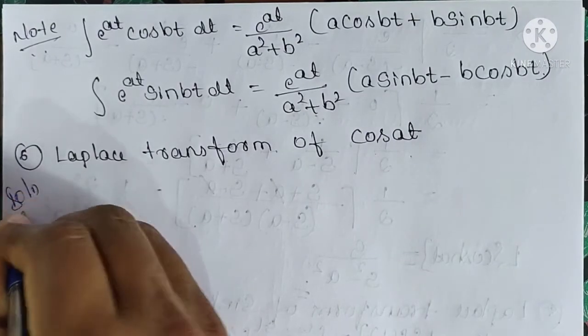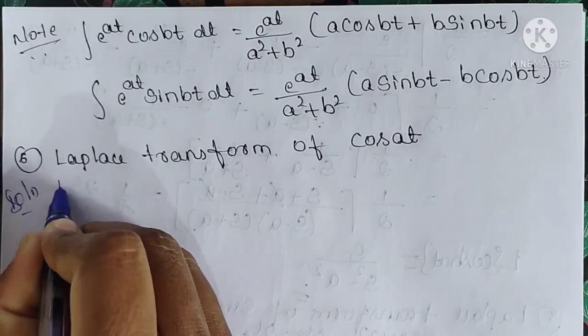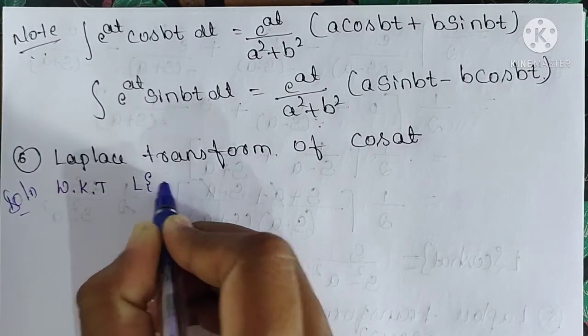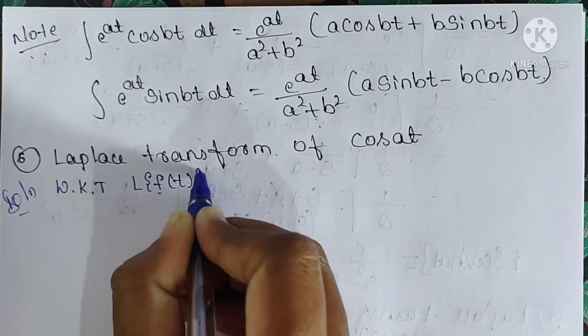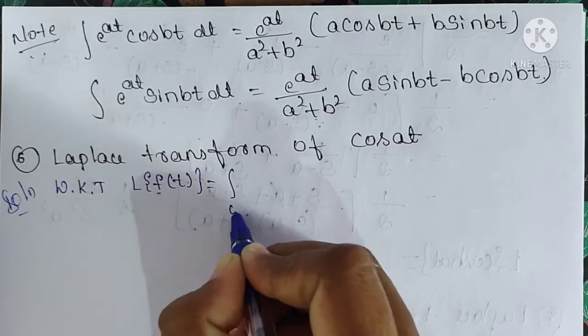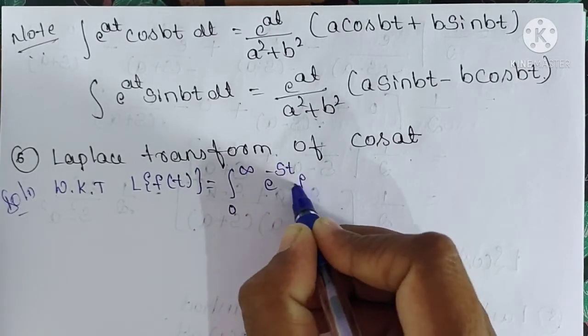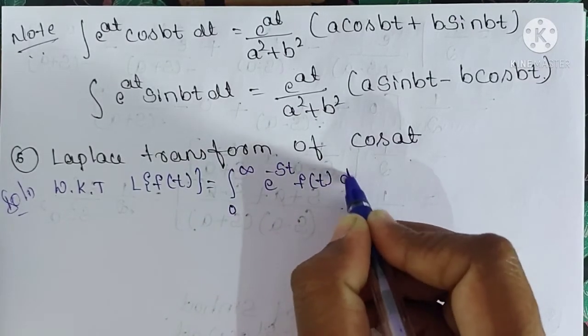Solution. By the definition of Laplace transform, we know that L of f(t) is equal to the integral from 0 to infinity of e^(-st) f(t) dt.